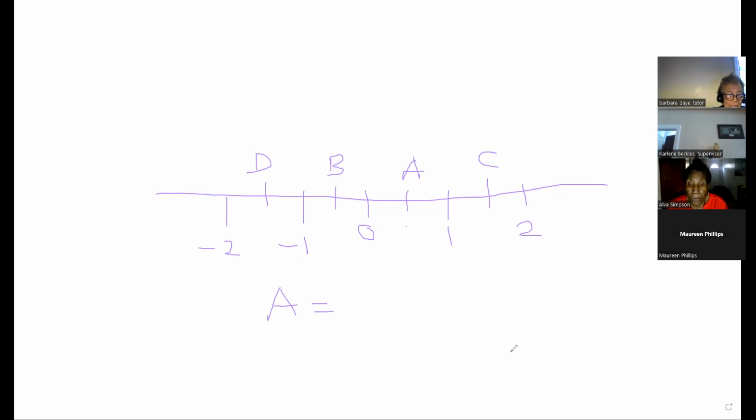A is between 0 and 1. And it looks like it's halfway between, right? Yes. So what would that A value be? It would be a positive one. No, it's a 1 here. It's greater than 0 and less than 1, and it's halfway between.